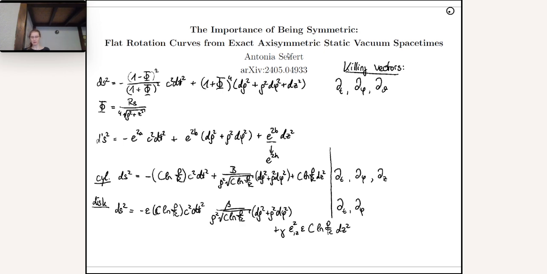We can see that we have a couple of singularities. We have a singularity in capital R, which can be thought of as a radial horizon. We have a singularity in rho equals 0. And depending on our choice of epsilon function, we might, for example, get another singularity in z equals 0. That depends on the choice of epsilon.